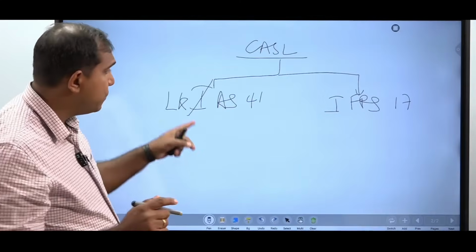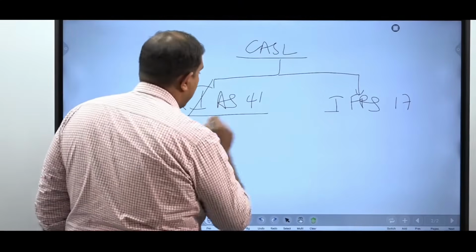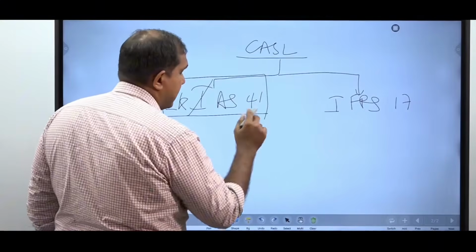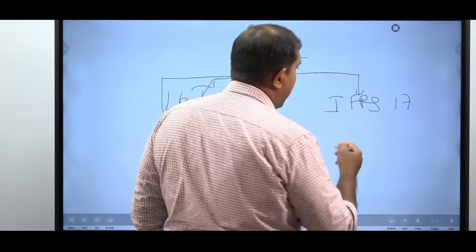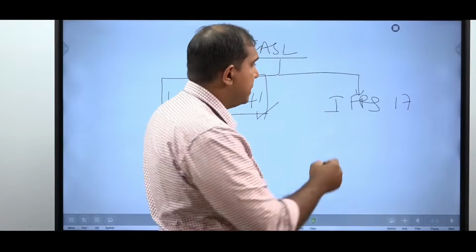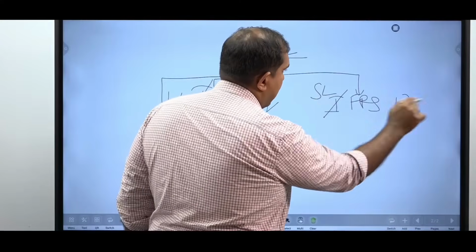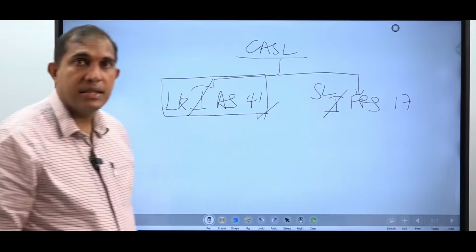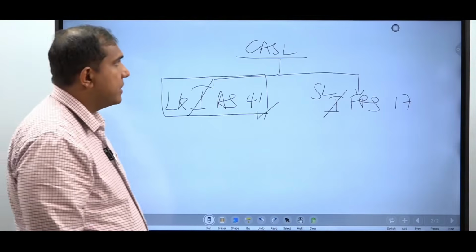That's the reason for using LKAS. So we have 41 LKAS, that's the maximum number. Then we did not have such standards earlier, therefore they have used SLFRS 17.